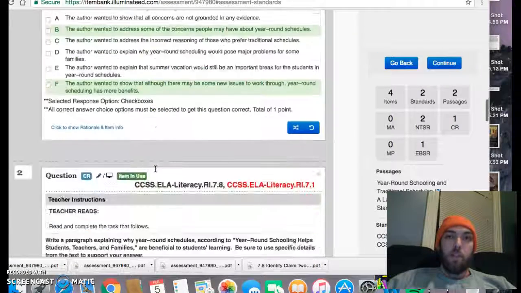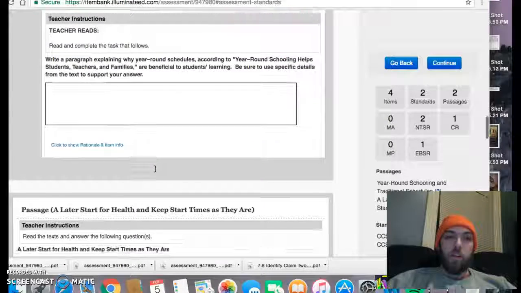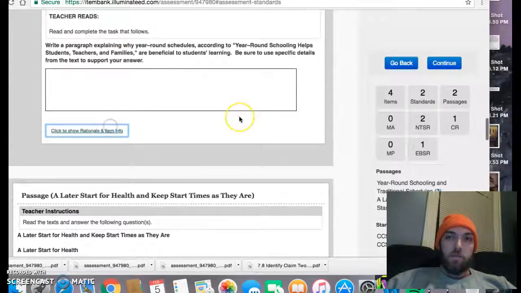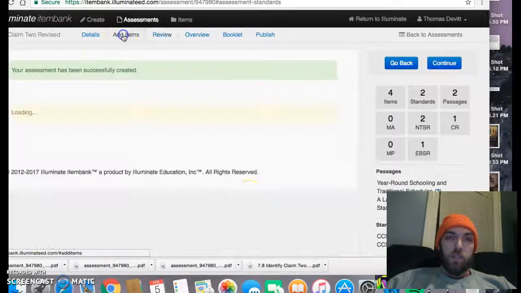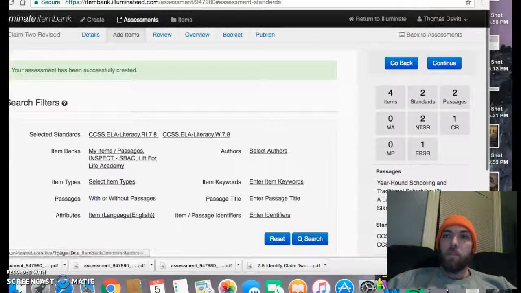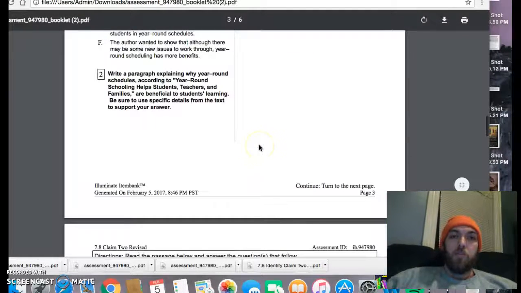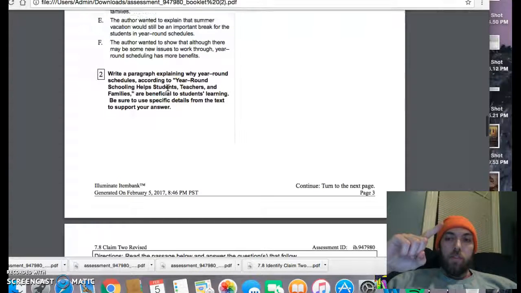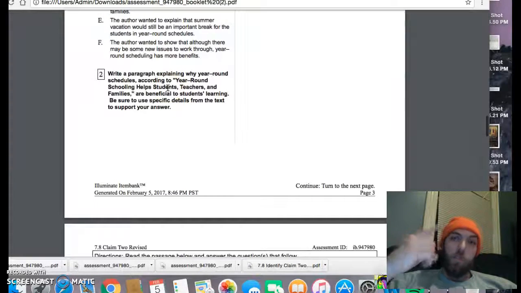Here's how they'll score it on the MAP test when they tell you to write this type of an answer. So here's the question. Hopefully it lets you. Okay, it won't let me show you. So let me explain to you. When it asks this, you can either get 1 point or 2 points, or of course 0, but 1 or 2 is what we're aiming for.